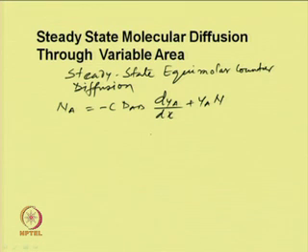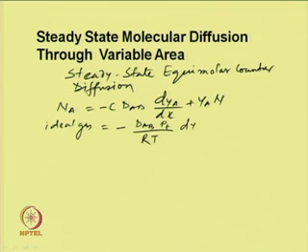So, for equimolar counter diffusion, and if we consider ideal gas, then this will be minus dAB PT by RT dYA by dx plus YAN.